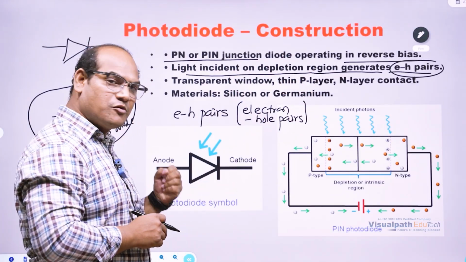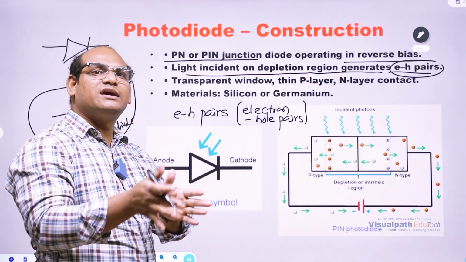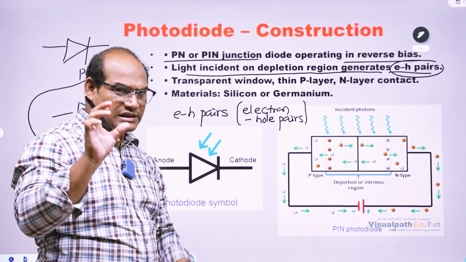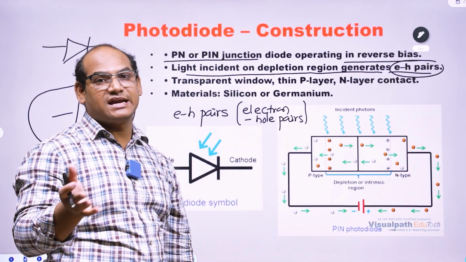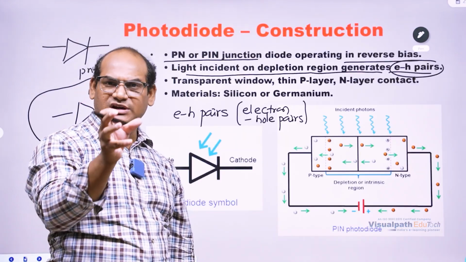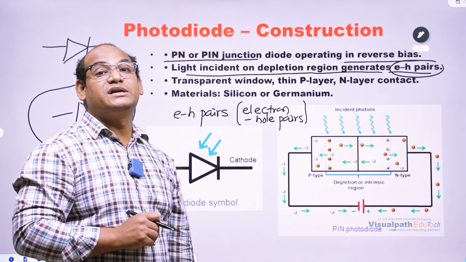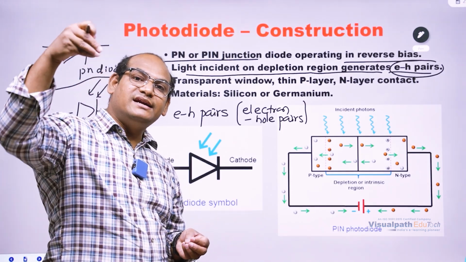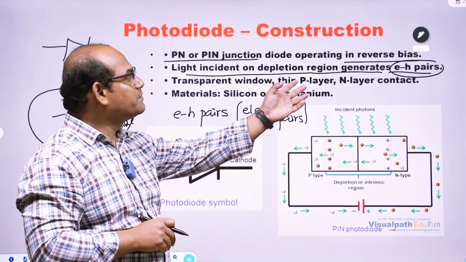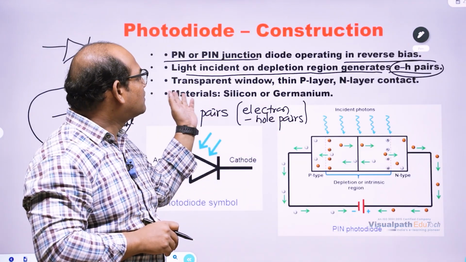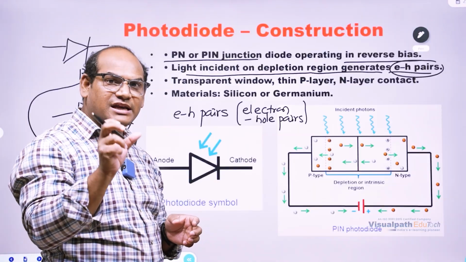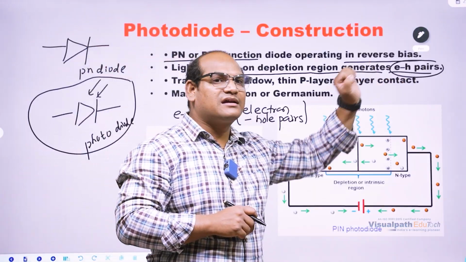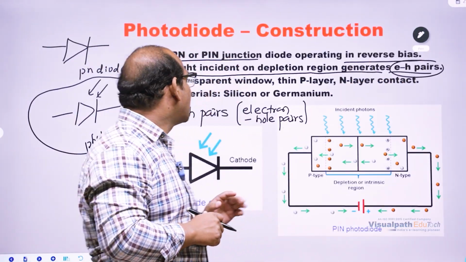Here I have already mentioned one P layer, one N layer will be there, and in between these two, the depletion region will be created whenever you have different layers side by side, P and N. So definitely the depletion region will be created, and when the light is incident on it, the electron hole pairs will be created in this contact, in between the P type and N type.